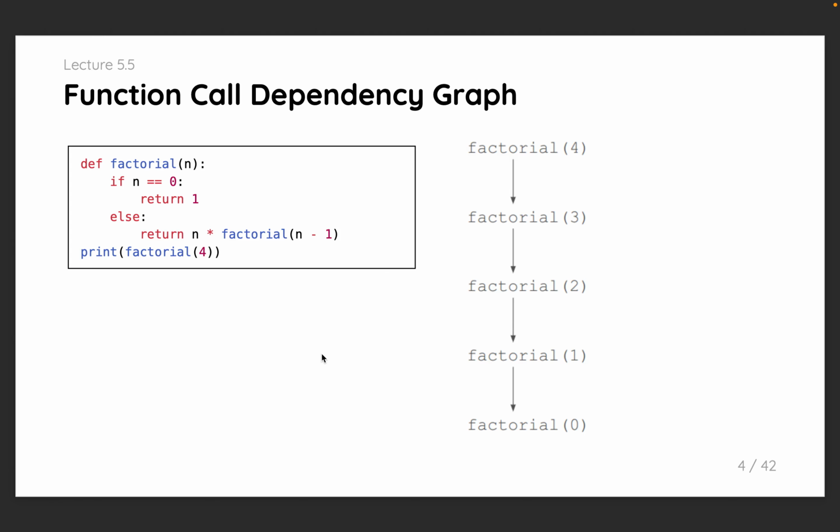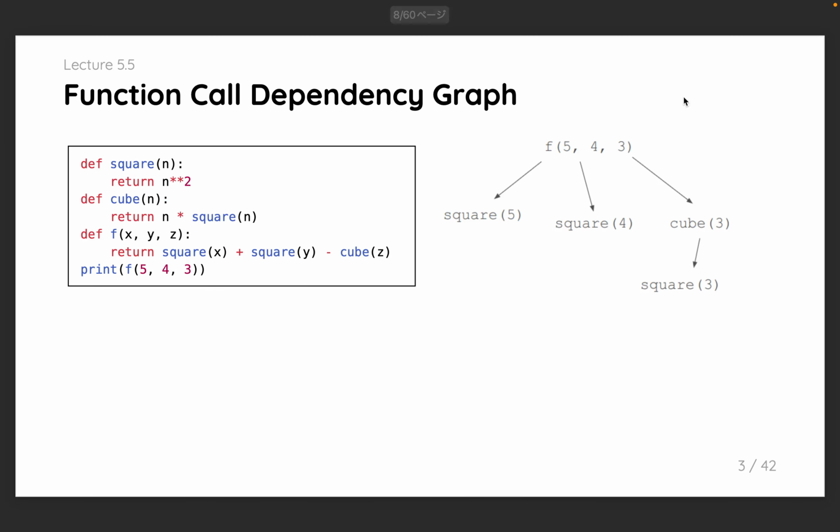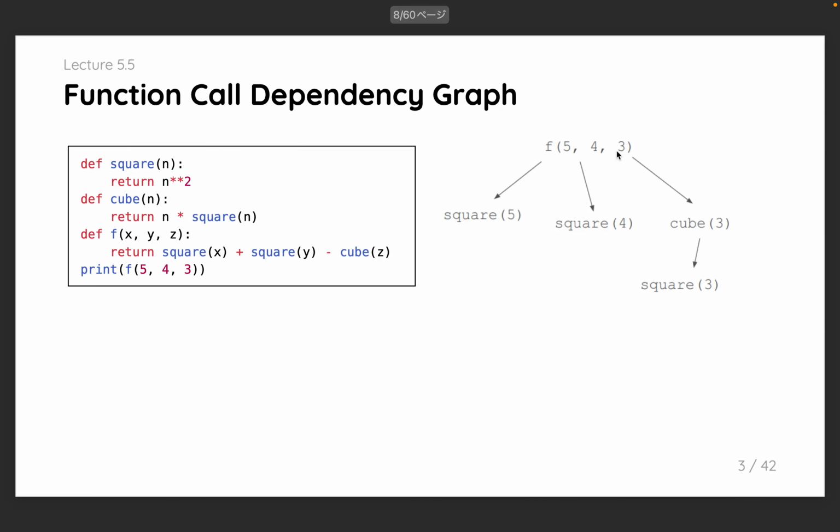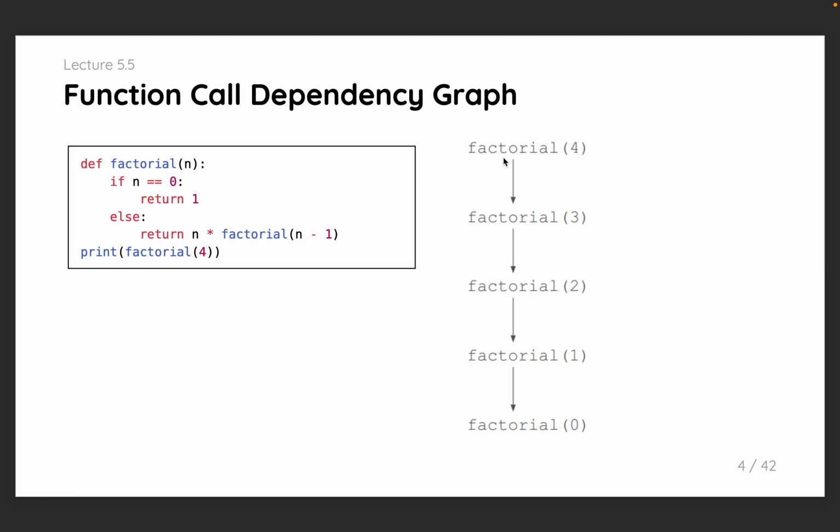So notice how this graph looks a lot more linear compared to this graph. Here you go from one to another, then to another function call, and so on. Here your function calls sort of branch out, so a single function call here, f, can have multiple dependencies. But here, it only has a single dependency.